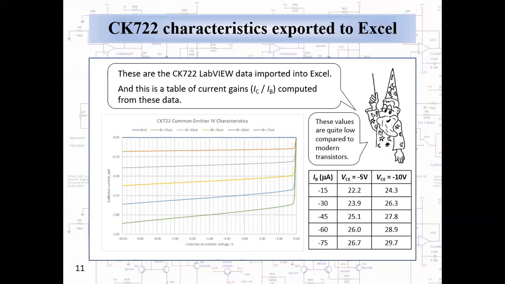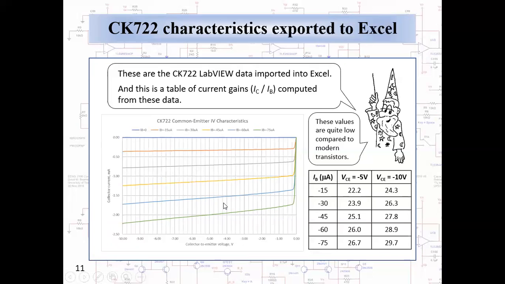Now, one thing I want you to notice here: you see that these curves have an upward tilt to them, collector current versus collector to emitter voltage, and the slope of the curve gets more pronounced as you go to larger values of base current.